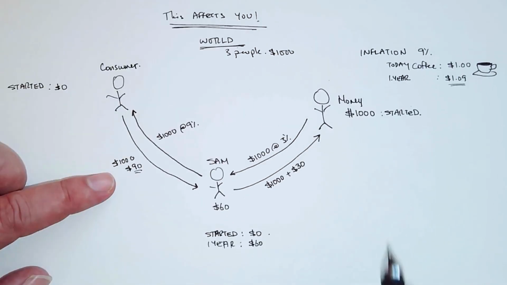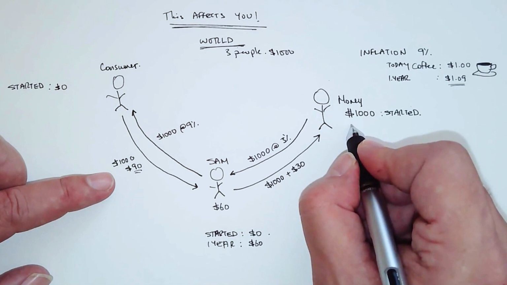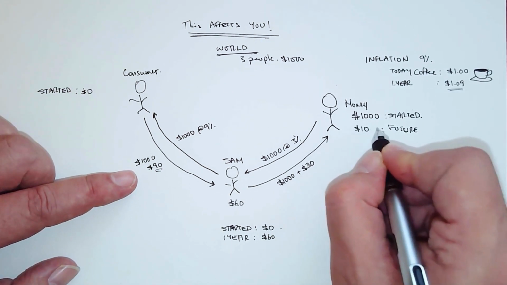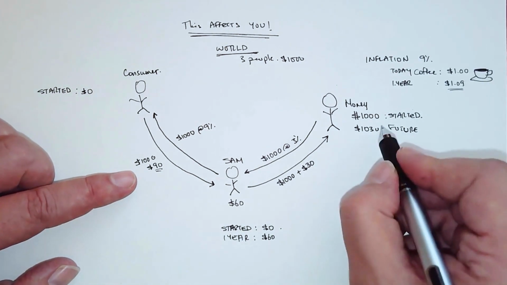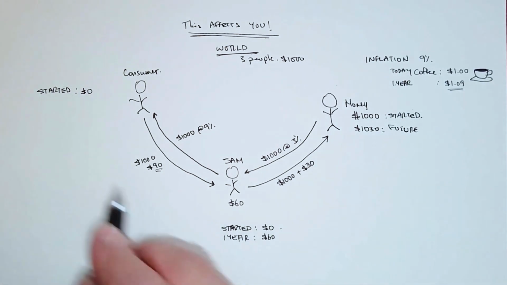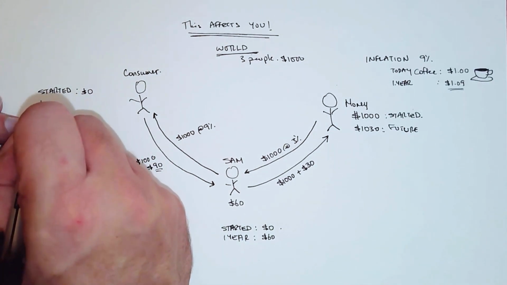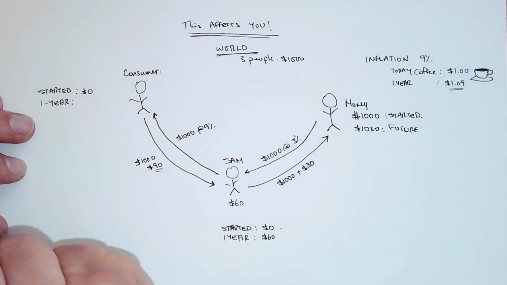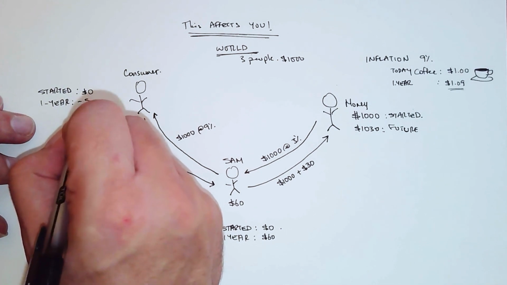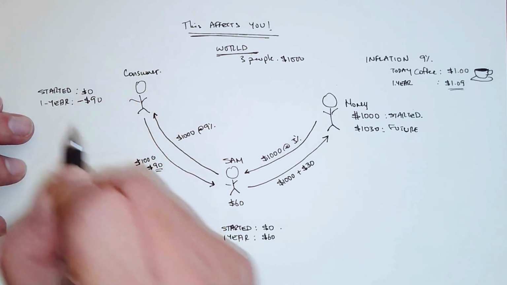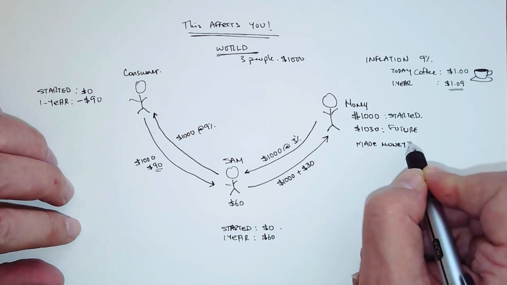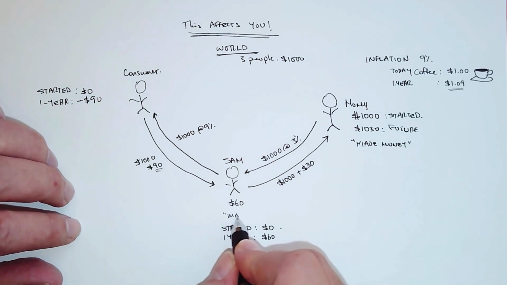The money guy has in the future $1,030. So he's making money, and our consumer here in 1 year owes $90. So he's minus $90. This person made money. This person made money.